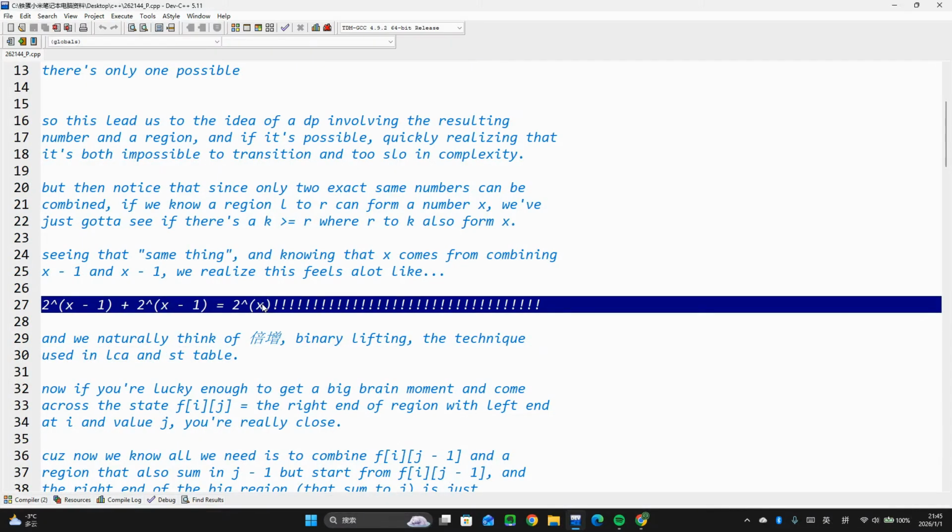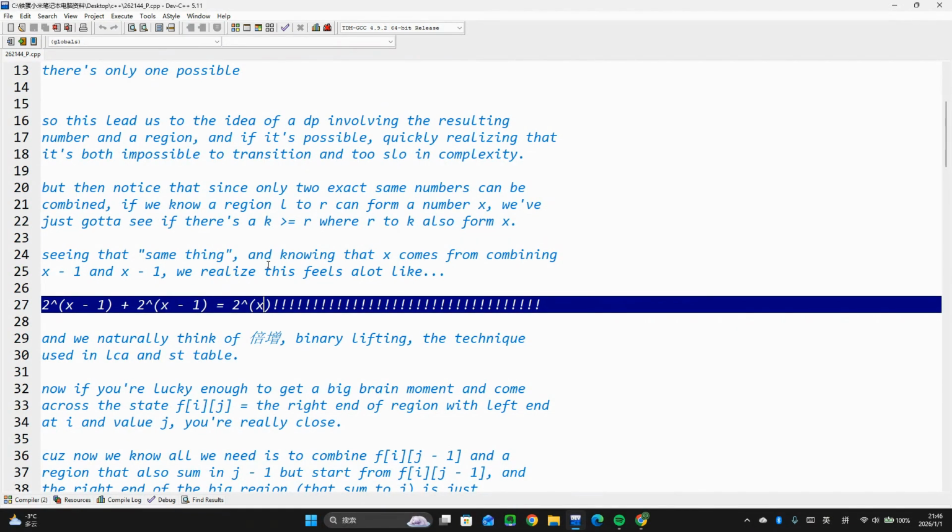At first, I thought of F[i][j], meaning the maximum number we can combine i and the 2 to the j elements after i into, which is the most natural approach using binary lifting. However, that's not going to work out because we can't really transition that. We know the start point, we know the end point, and we know what it combines to, but we don't really know whether it's possible.